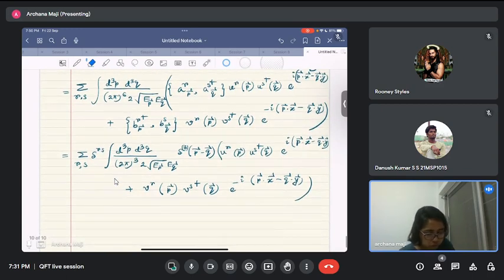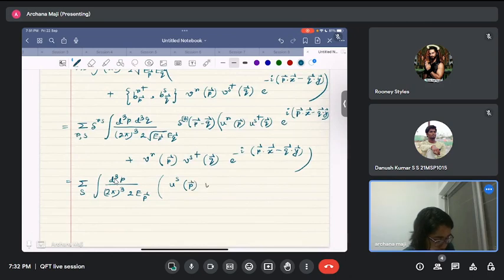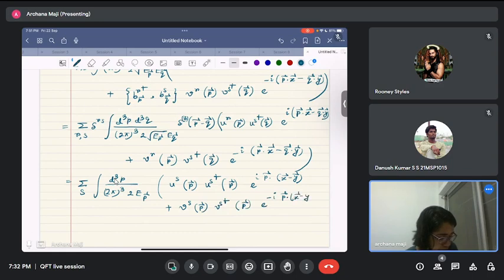Okay, so let's now take the summation over R. That will give us summation over S, and also integrate over Q. So we are left with 2E_P [U_S dagger(P) exponential i P·(x minus y) plus V_S dagger(P) exponential minus i P·(x minus y)]. Clear?